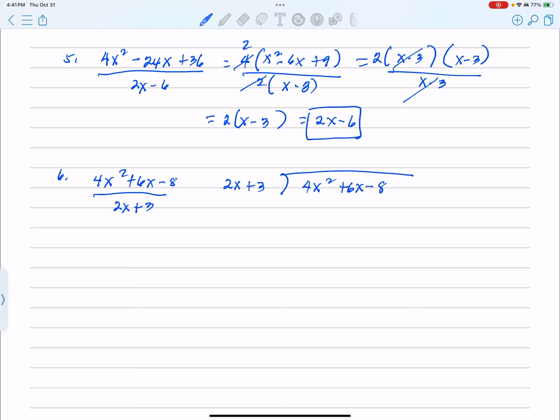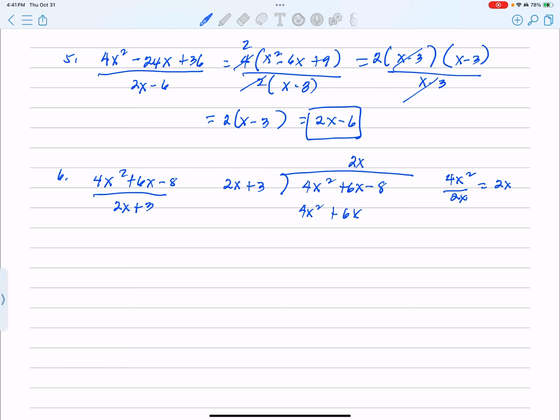So first term, 4x squared by 2x, that is 2x. Right? 4 divided by 2 is 2, x squared and x is 2x. So we have 2x right here. 2x by 2x, that's 4x squared. 2x by 3, that is 6x.